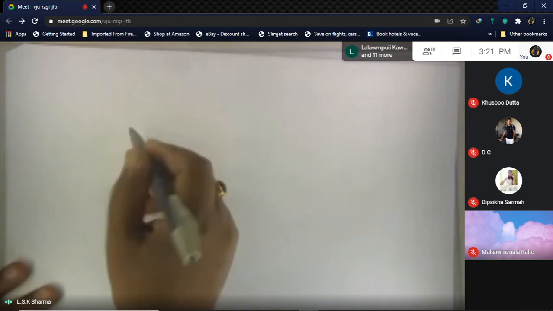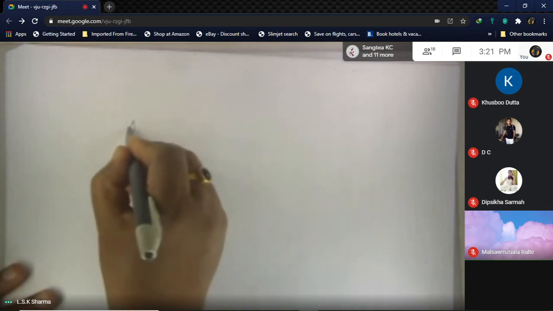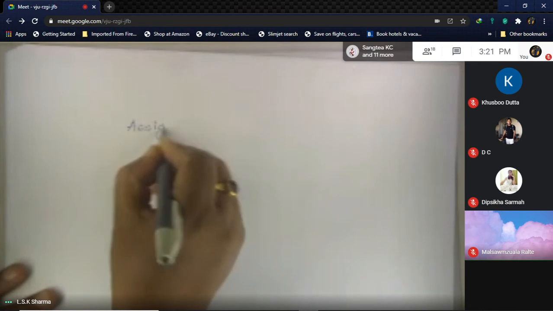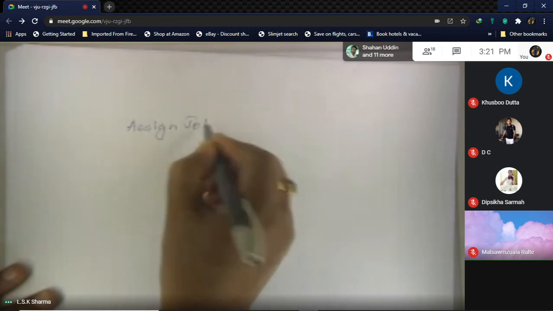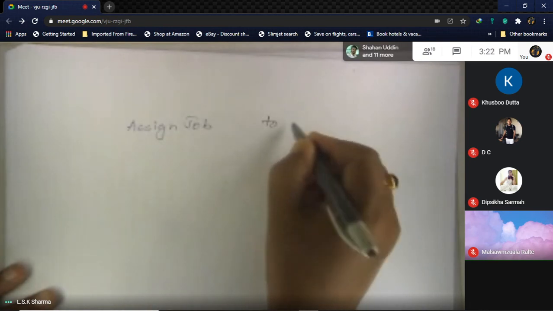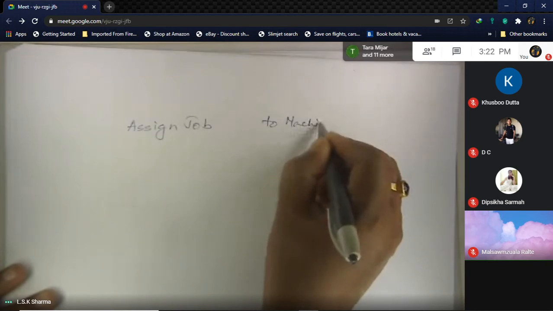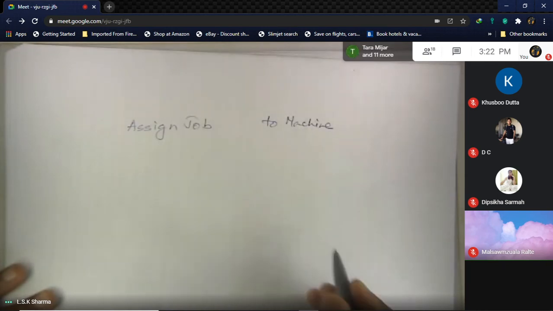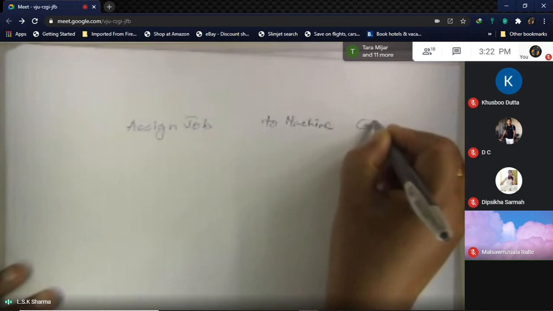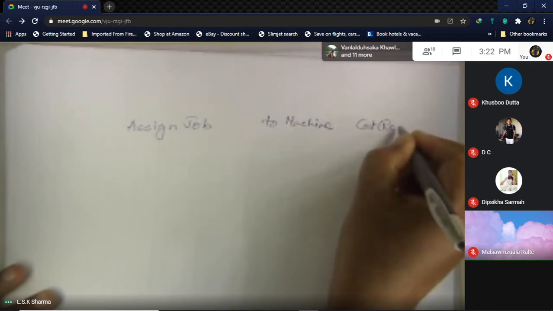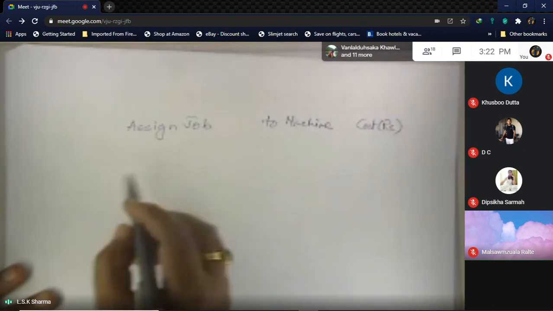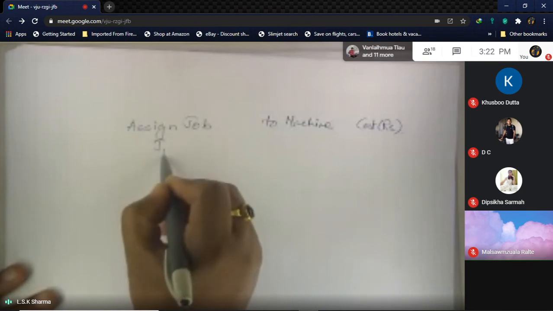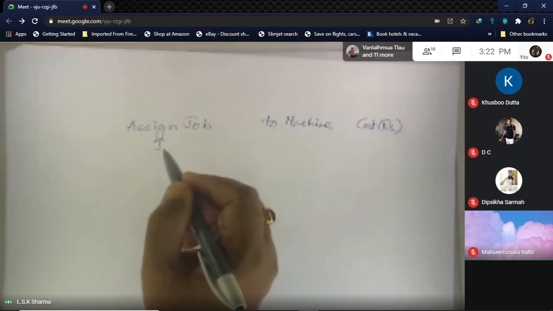So, we make a table, assign job to machine, okay, and here is the cost in rupees. So, job 1 is assigned into which one?